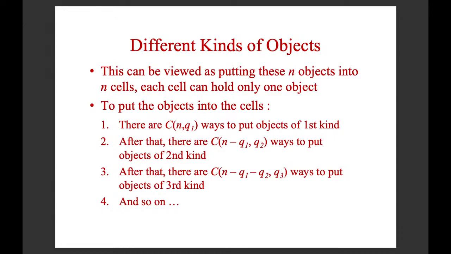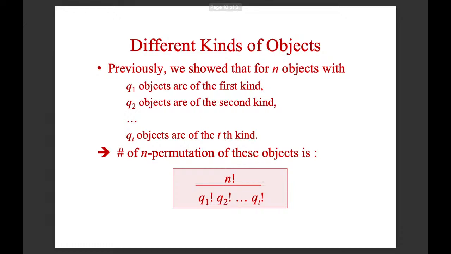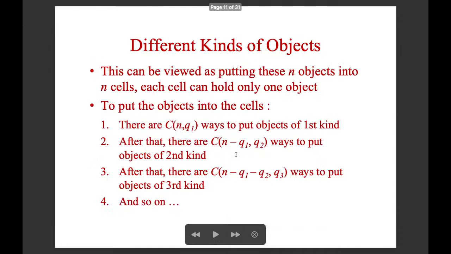So this is another interpretation. We have n objects, and we are looking for arrangements of them, n permutations. So let us list out these objects and put all the objects into n cells.